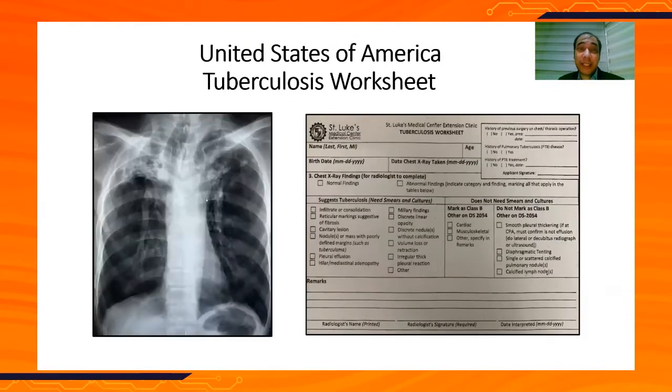Let me show you a chest X-ray of an applicant showing bilateral upper lobe infiltrates, cavitations, discrete nodules, and associated volume loss. So we mark the abnormal chest findings, like the infiltrates, the cavitary lesions, the discrete nodules, and the associated volume loss. So we mark the abnormal lung findings under class A.